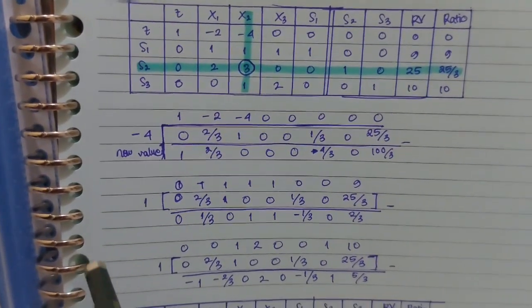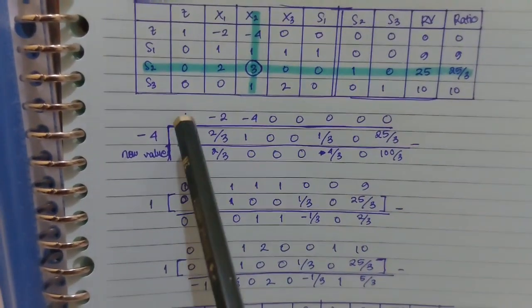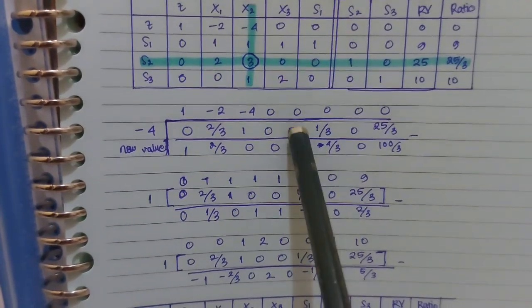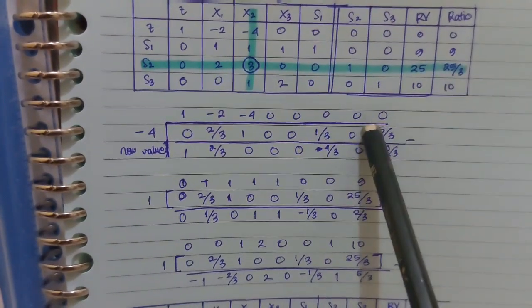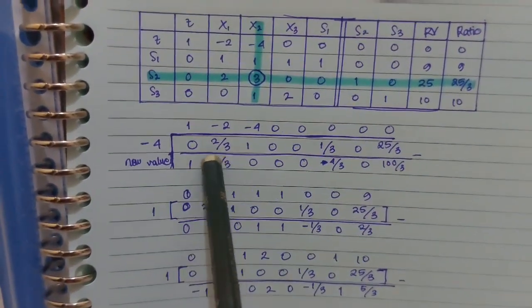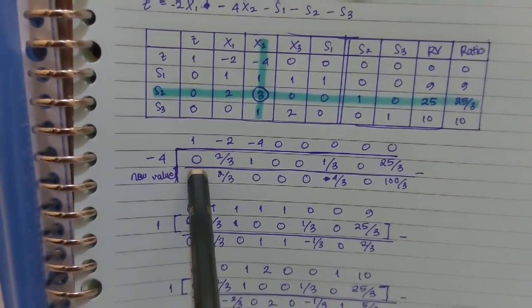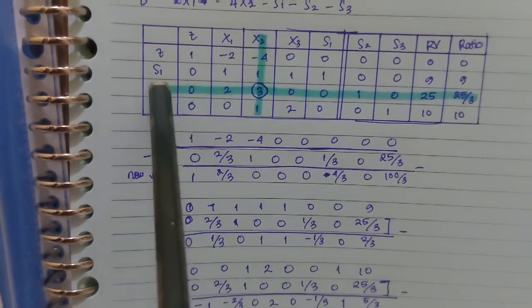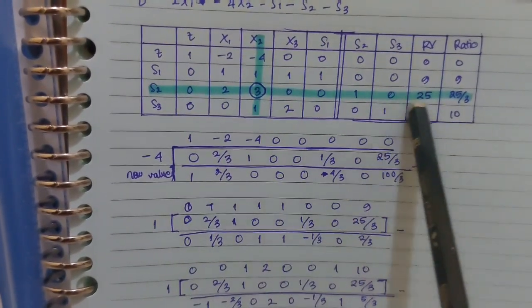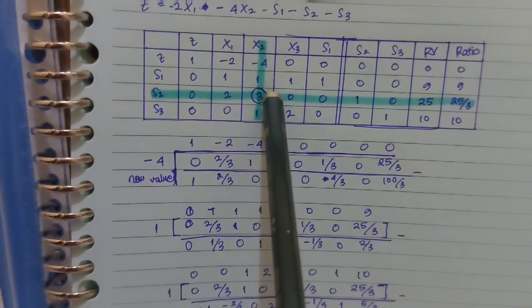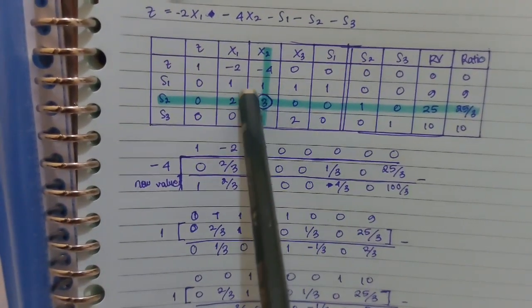First, we should find the z1. So we put here 1, -2, -4, 0, 0, 0, 0, 0. And here, we find this number by multiplying the key row with the key number.